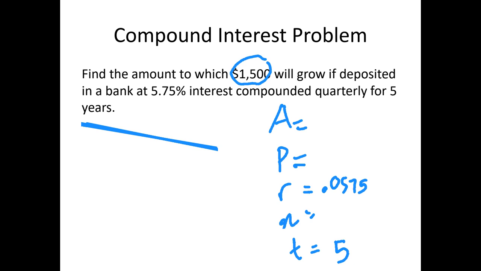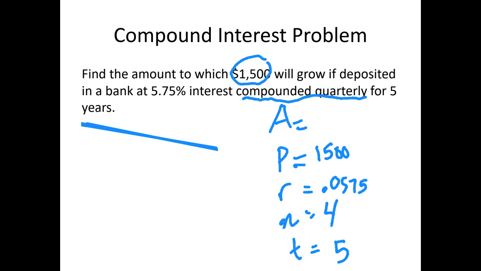That means that 1,500 is what I start with, and I'm trying to see how much it's going to grow. The other clue words are compounded quarterly, so I would use a 4. I always like to write down the variables and then see what is left over. So it looks like we're going to have to solve for A.